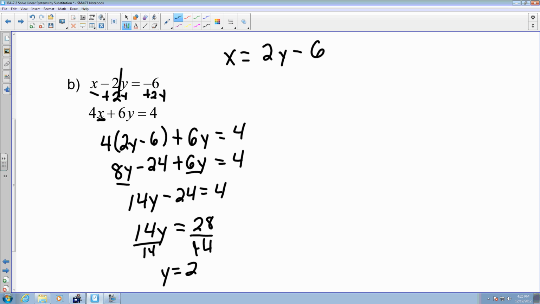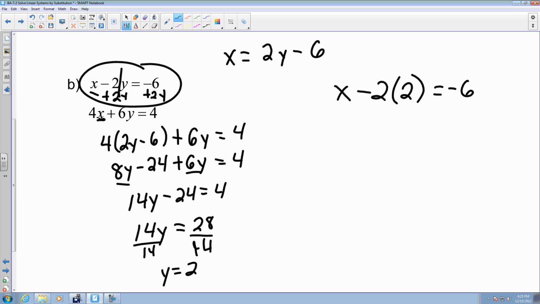Now that I've found my result for one variable, I substitute it back into the equation and find x. So I'm going to use the first equation. So I have x minus 2 times 2 equals negative 6.